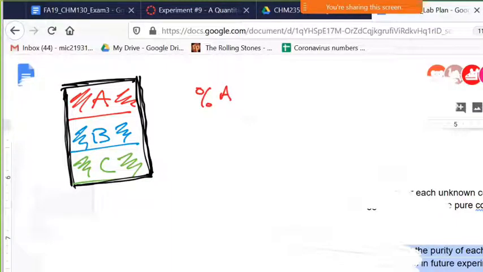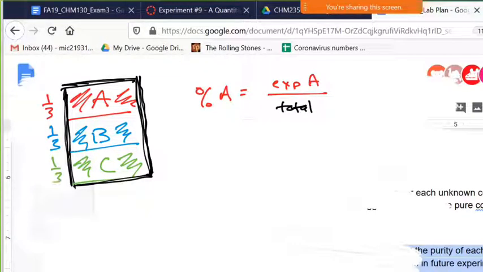So if I decide to calculate the percent recovery of A as the experimental A that we obtained, but I divide that now by the total, the black thing, okay? If we look at my approximation of those boxes, these are supposed to be roughly a third each. I'm going to try and avoid percentages, but a third of each. Okay.